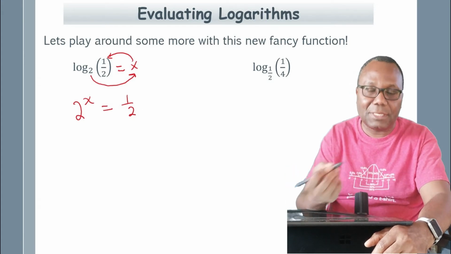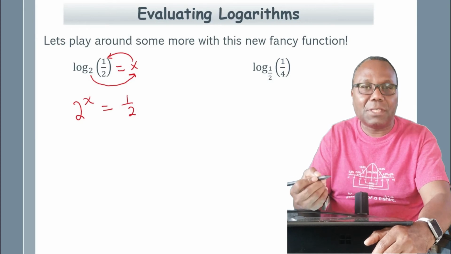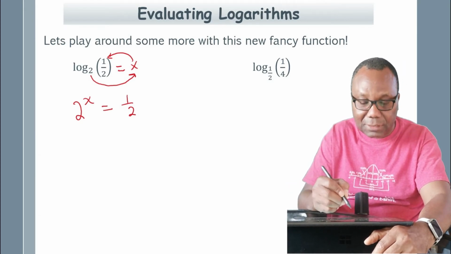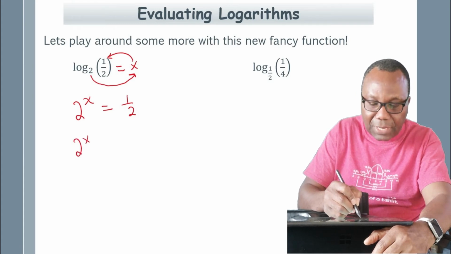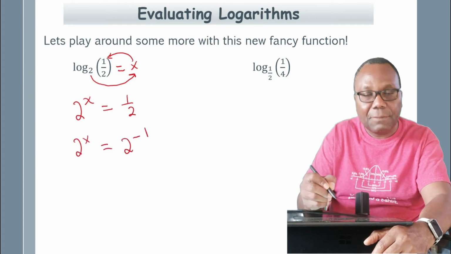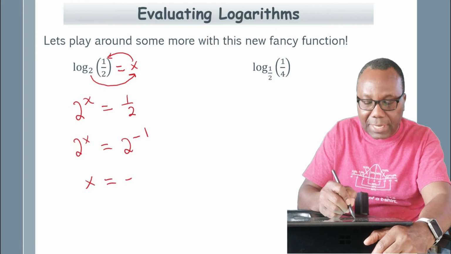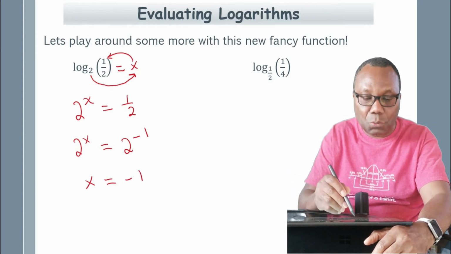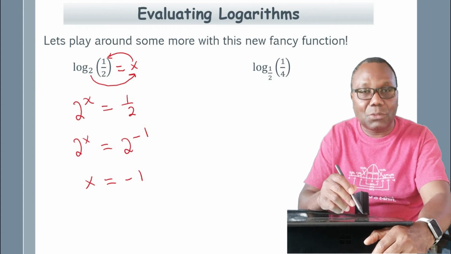And from the previous lesson, we know how to solve this, so I'm not going to spend too much time explaining it. So we go 2 to the power of x is 2 to the power of -1. And then we say x equals -1. So we are able to find the number to which we must raise 2 to get 1/2.